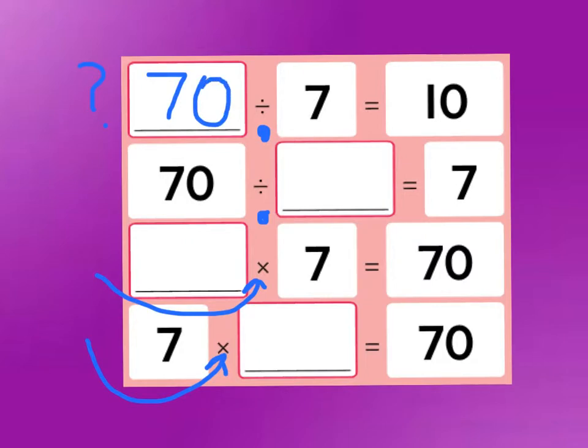So 70 divided by 10 equals 7. Very good, Miss Lee. Now something times 7 equals 70. Now that's my 10 times tables again. So 10 times 7 equals 70 and 7 times 10 equals 70.